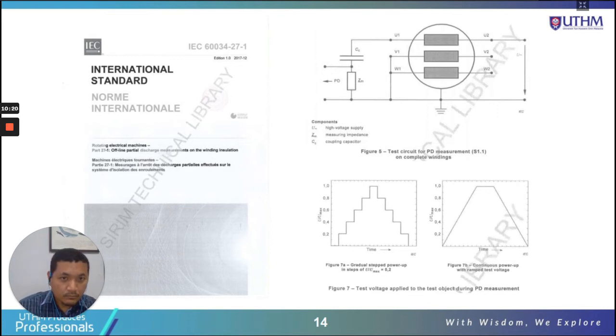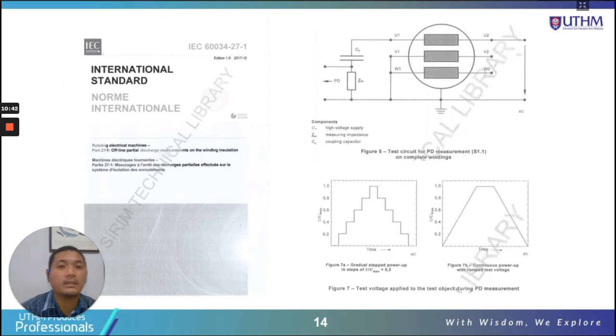So this is some information from the standard. Figure 5, test circuit for PD measurement on the motor, on the rotating machine. We have three windings, UVW, or red, yellow, blue. How to perform the connection for the partial discharge?